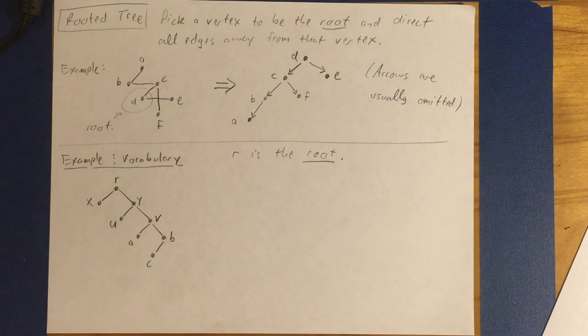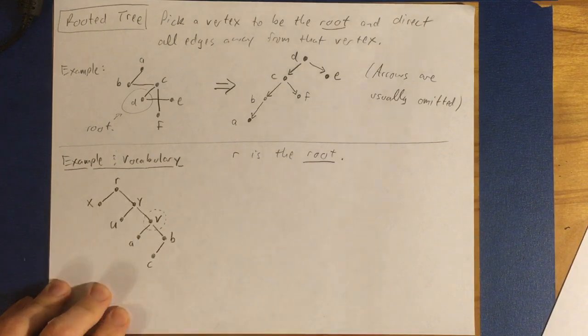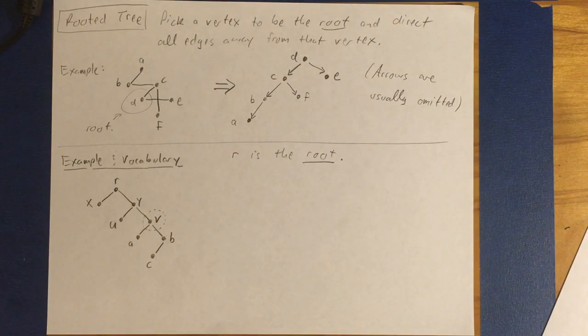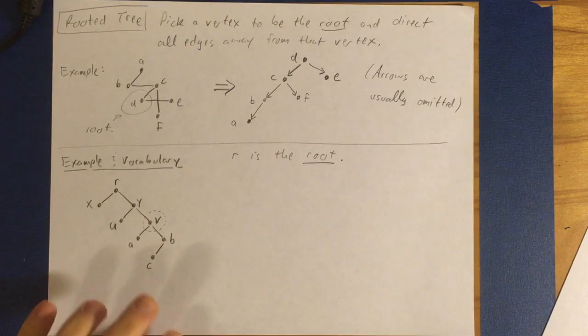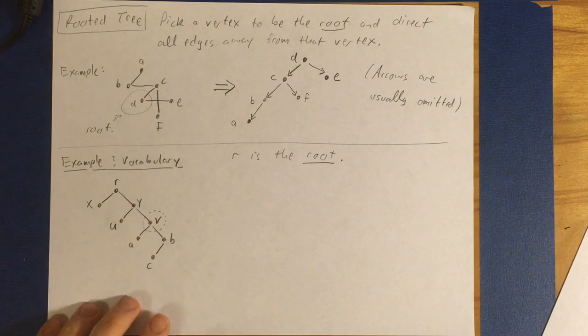Now I'm going to define the rest of these vocab terms from the perspective of one of the vertices. So I'm going to imagine that I am vertex V.